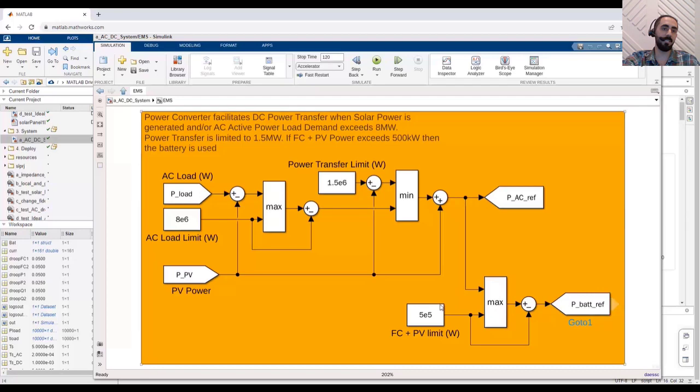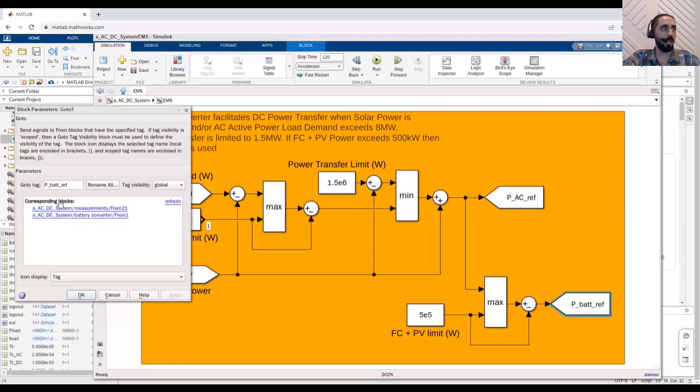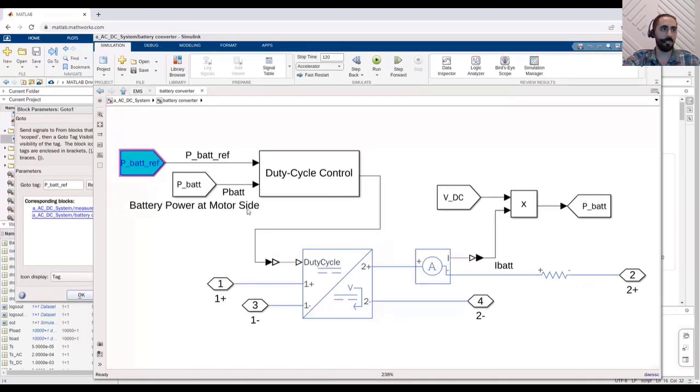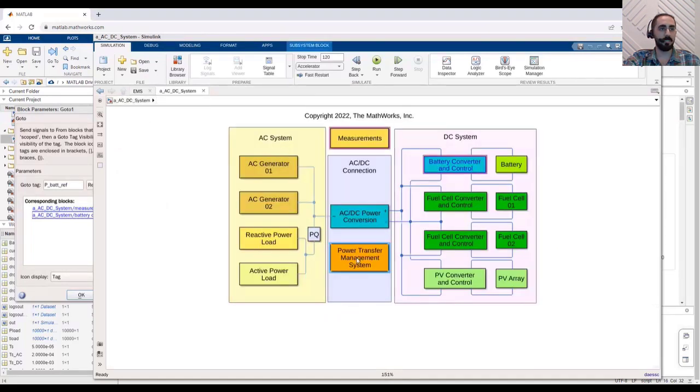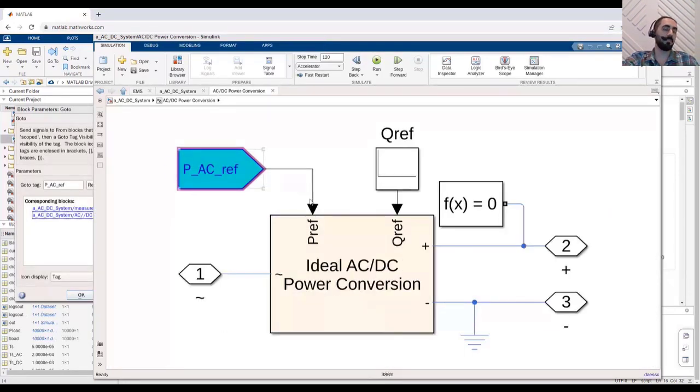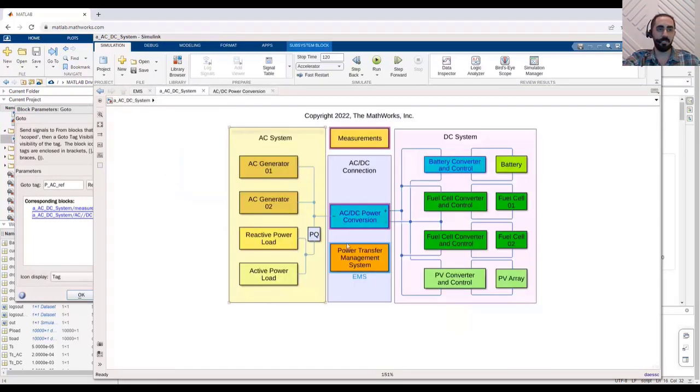These go-to tags, if we click on them, have hyperlinks that bring us to the corresponding control unit. For example, this one is the battery converter, which is controlling the battery power based on the values set in the power transfer management unit. Similarly here, AC reference, if you double click on that, takes us to the AC reference for the ideal AC to DC power conversion.